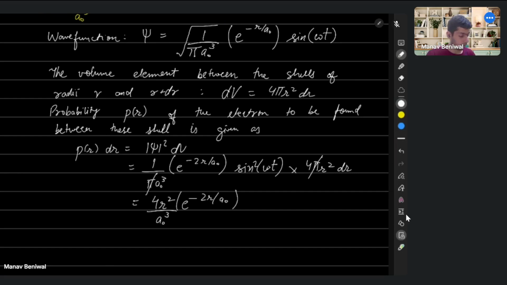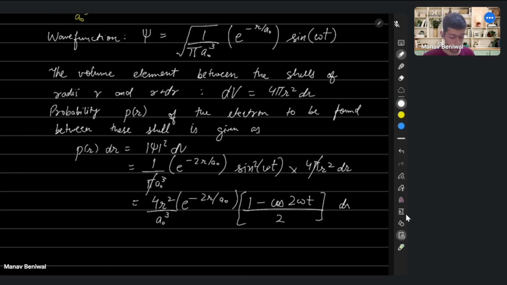and we can write sine squared omega t as 1 minus cos 2 omega t divided by 2, and of course we have one dr outside.